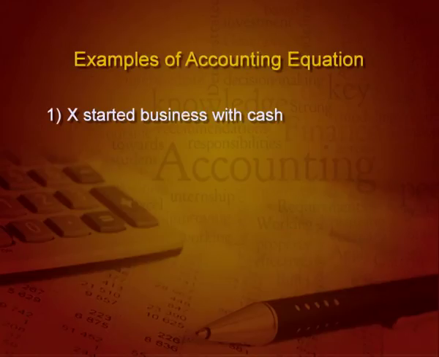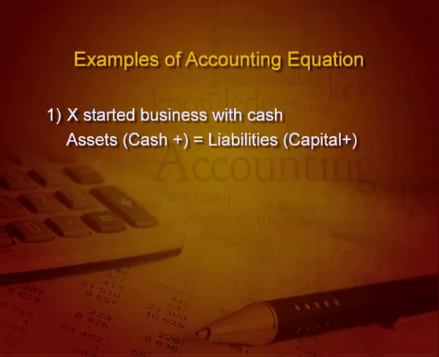Let us see some examples of the accounting equation. First, Mr. X started business with cash. In this case assets, that is cash, will increase and on the liability side capital will increase. So, there is an increase in cash and an increase in capital. So, both ways they are equated.